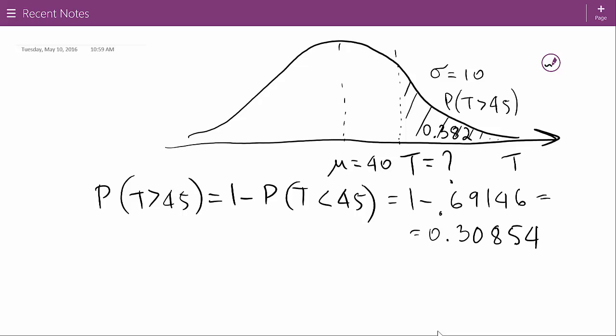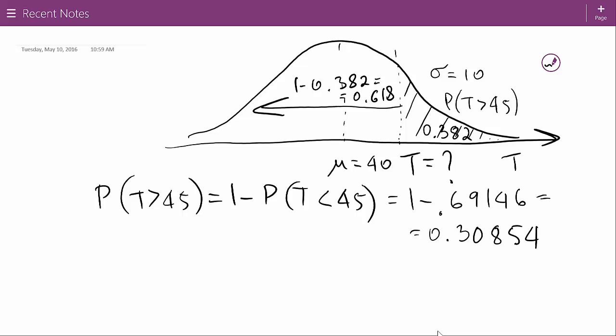The cumulative function computes only the area to the left. That means that I can specify this area for Excel, right? So if in the right tail I have 0.382, how much do I have in the left tail? 1 minus that, right? So 1 minus 0.382 gives you 0.618. Is that correct? Yeah, something like that.